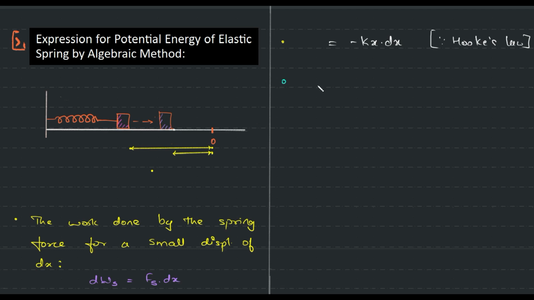Now, what if we move it for a big space, from, say, the spring moved the object from xi to xf. So it moved it in this manner.